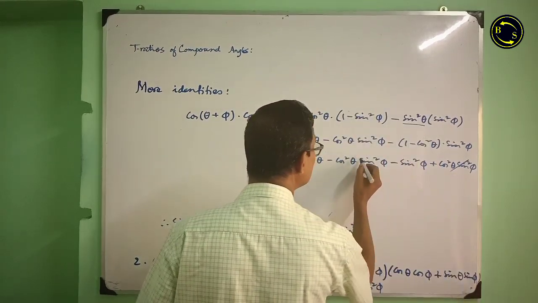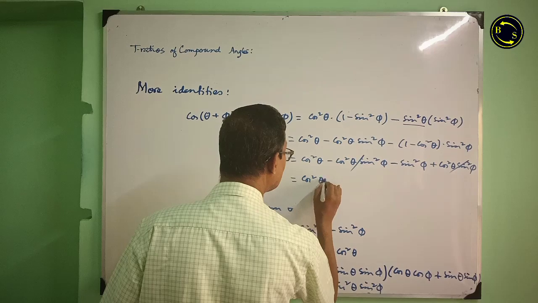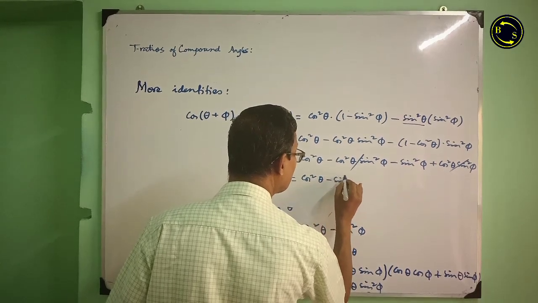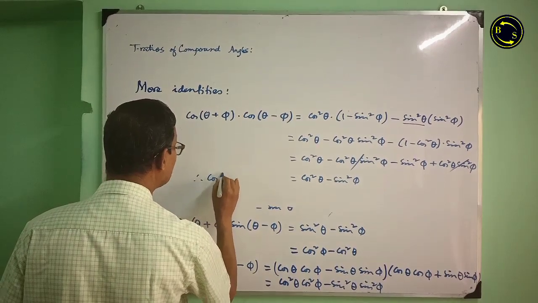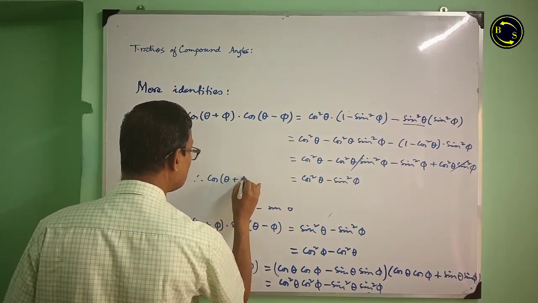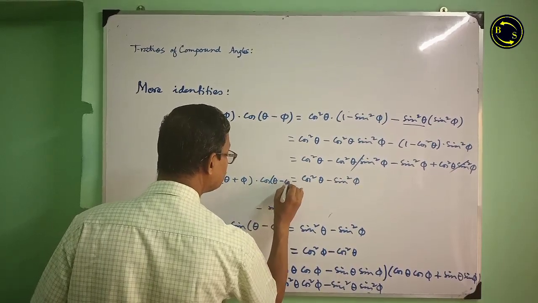You see these two cancelled. Finally we get cos square theta minus sin square phi. That is cos of theta plus phi into cos of theta minus phi.